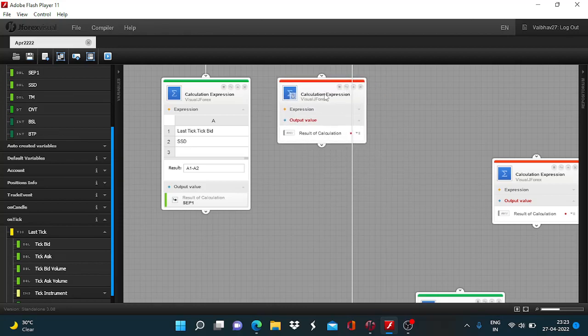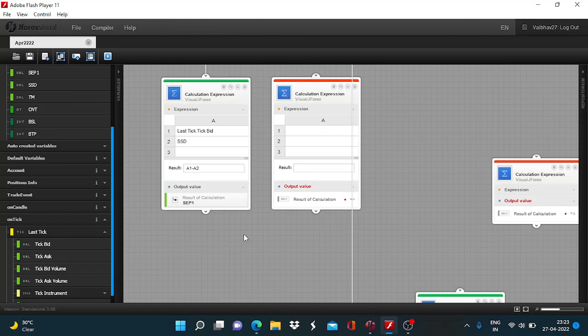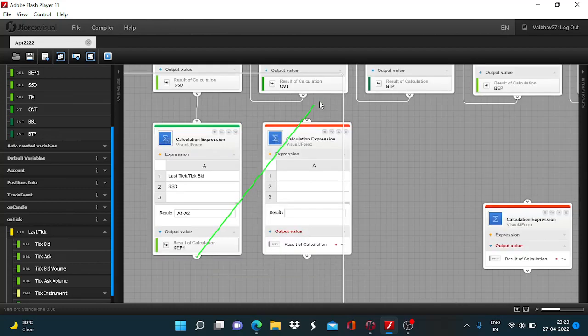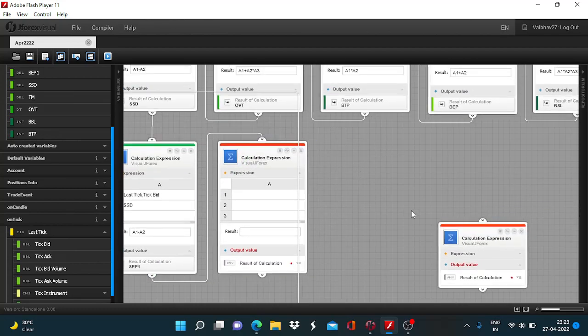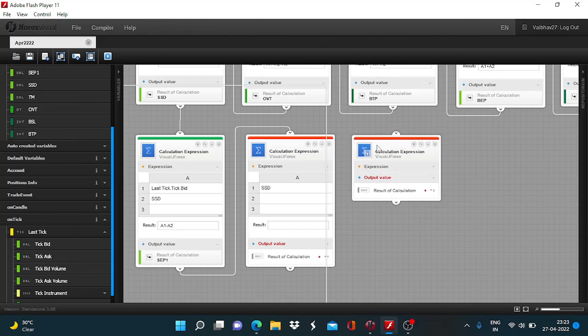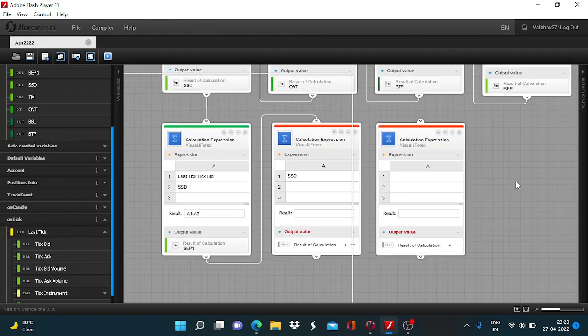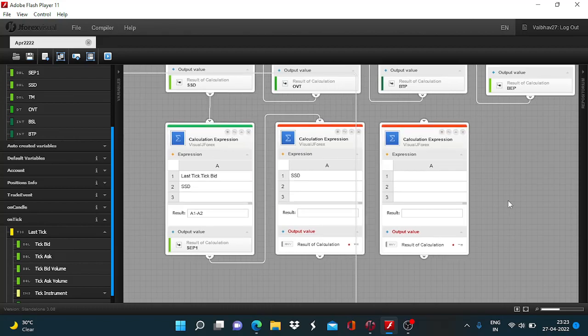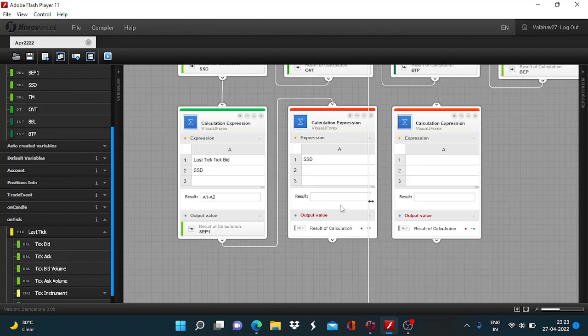Now we have to define the stop loss and take profit, which are going to be in proportion of the difference between these two 15-minute candles. So we have this difference. We have to simply convert it into the integer data type after multiplying it with 3. So whatever is the actual difference, we will take thrice of it, and that will be our stop loss in integer data type.